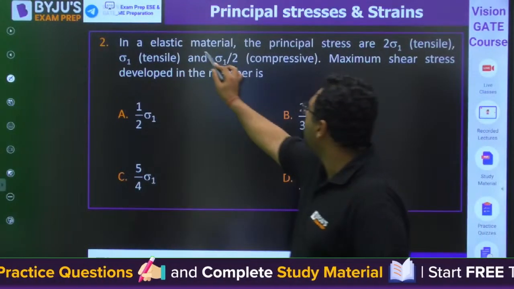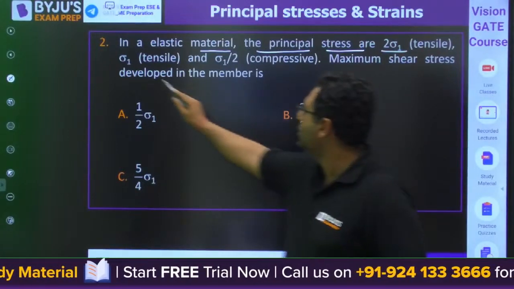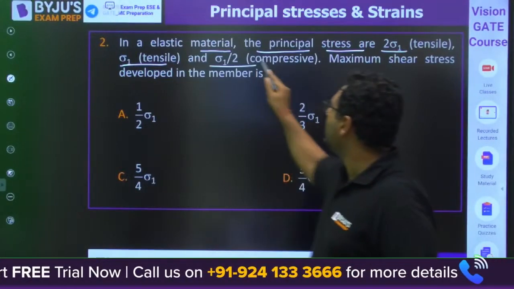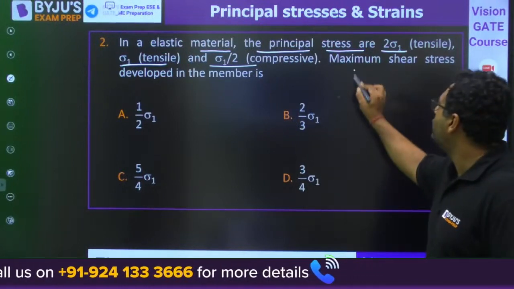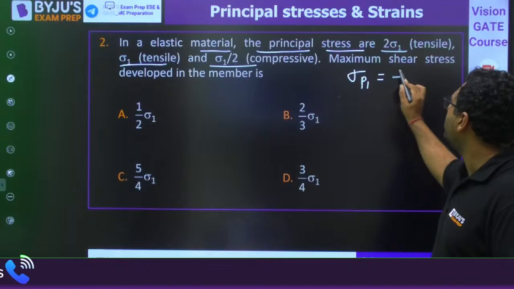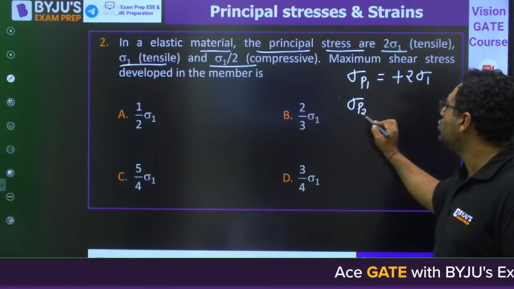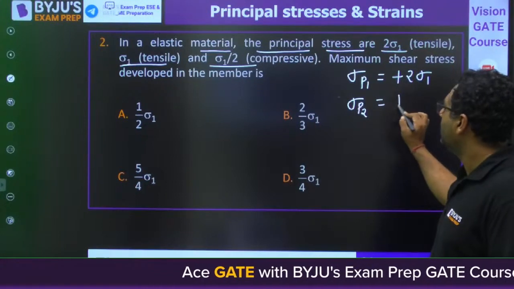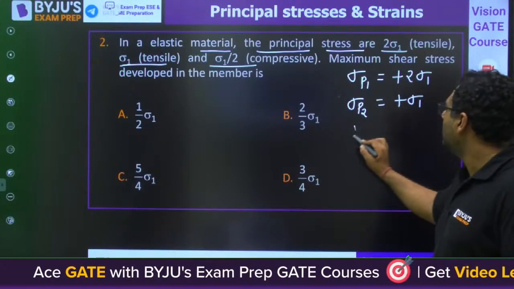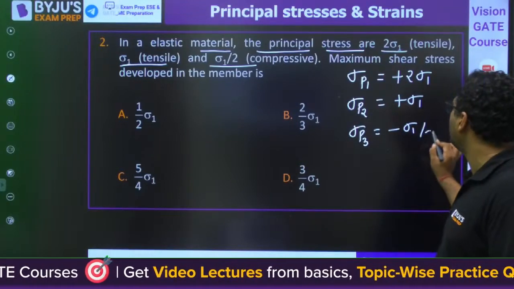Next question is this. In an elastic material, the principal stresses are 2 sigma 1, sigma 1 and sigma 1 by 2. So first principal stress, sigma P1, is plus 2 sigma 1. Principal stress 2 will be plus sigma 1. Principal stress 3 is minus sigma 1 by 2.